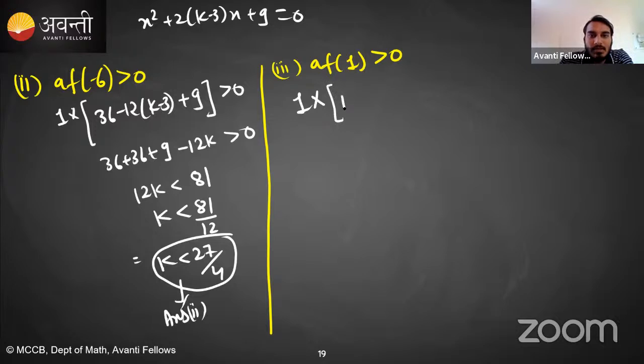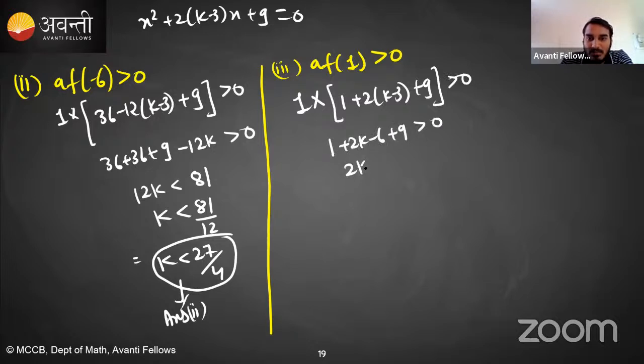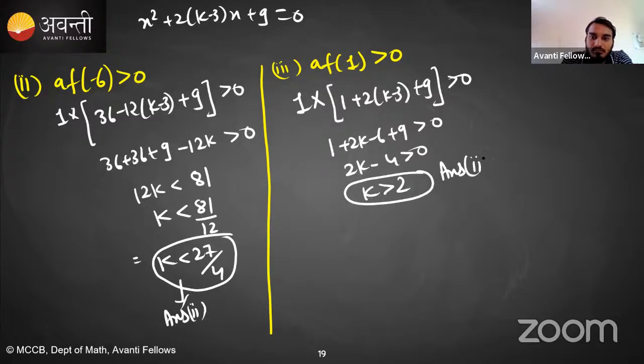So this is nothing but 1 plus 2 times (k minus 3) plus 9 greater than 0. So this is 1 plus 2k minus 6 plus 9 greater than 0. So this is 2k plus 4 greater than 0, k greater than 2. So this is your answer 3.